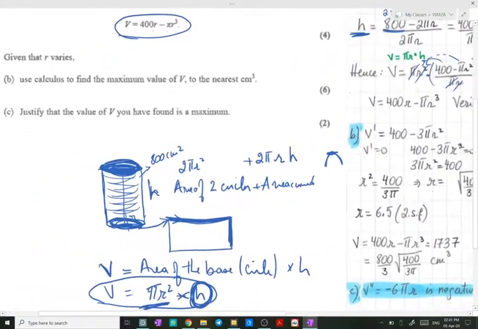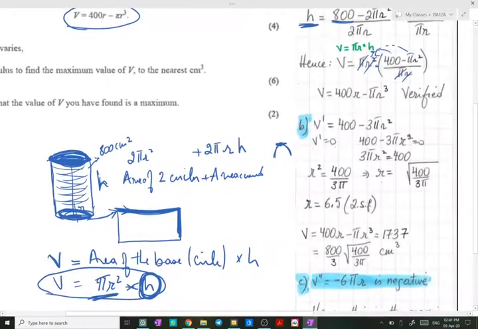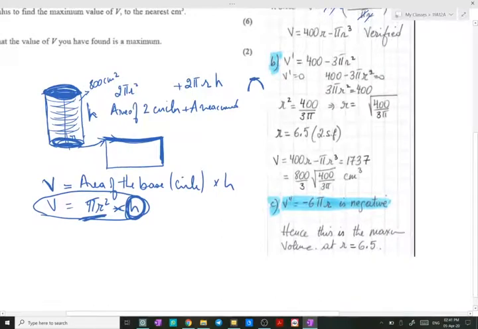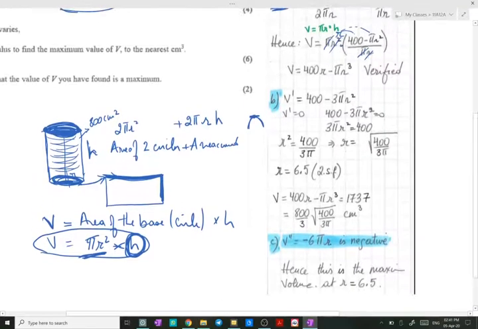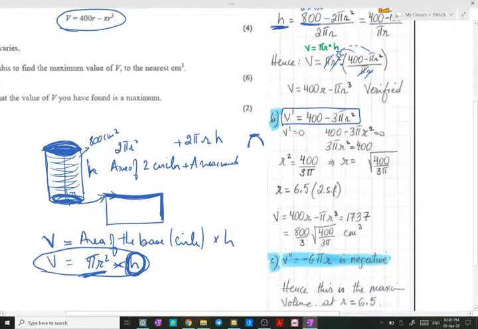Now in part C, they want you to justify that the volume you found is the maximum volume. So you need to differentiate again. The derivative that you already used is this one, so you take it and differentiate again. The second derivative is going to be minus 6 pi times r.